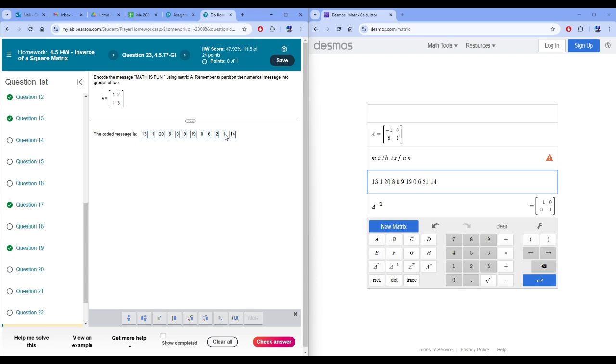6, 21. FU, this should be 6. MATH space IS space FUN. I'm off.